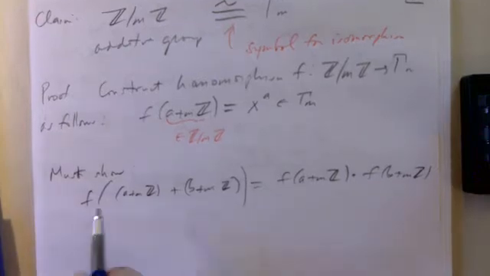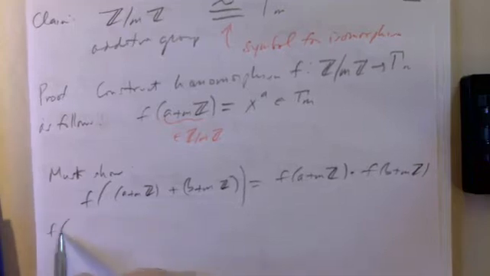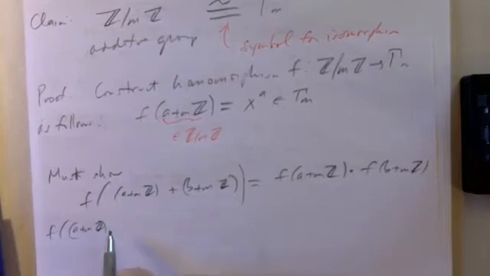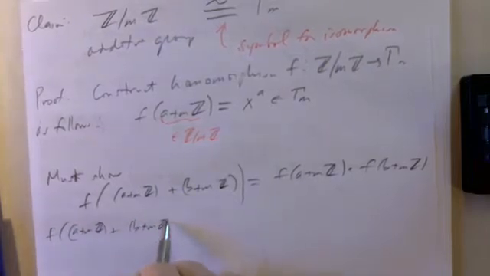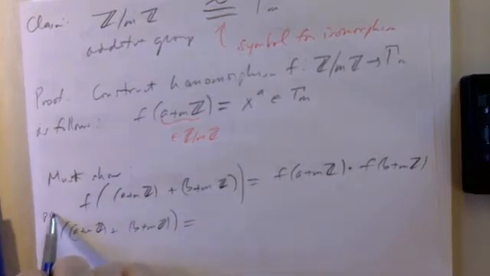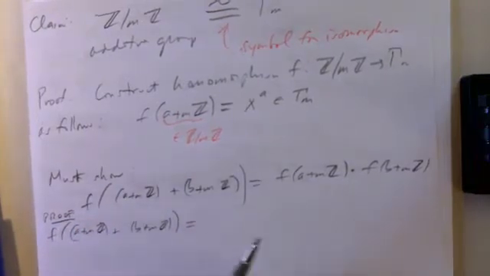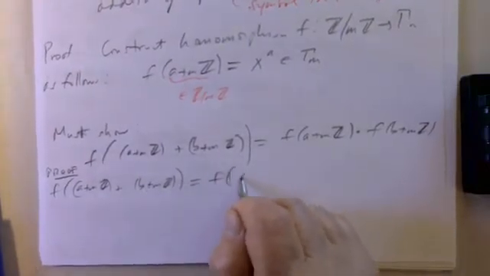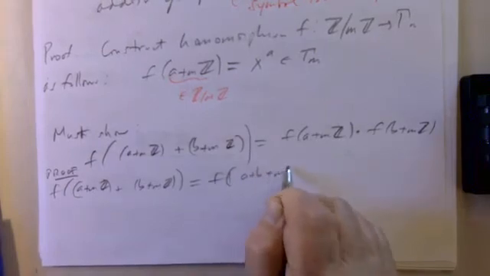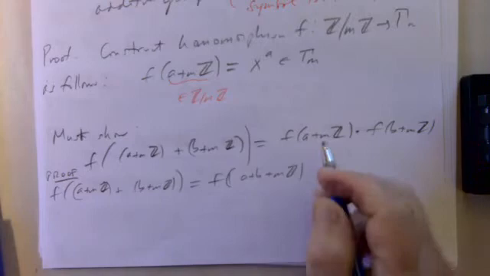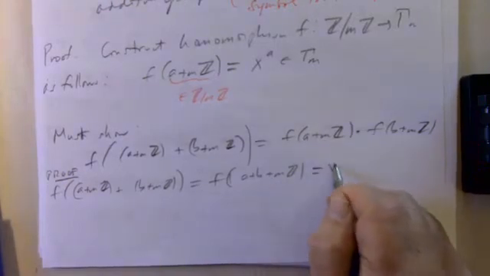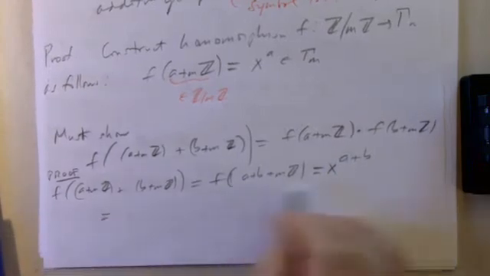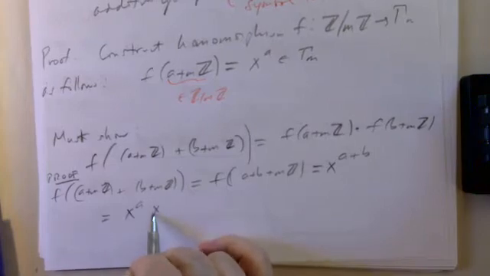Well, let's see. So f of a plus mZ plus b plus mZ. This is the proof of this statement. This is f of, if I add these two congruence classes, I get the congruence class a plus b plus mZ. That's equal to x to the a plus b. But x to the a plus b is x to the a times x to the b.